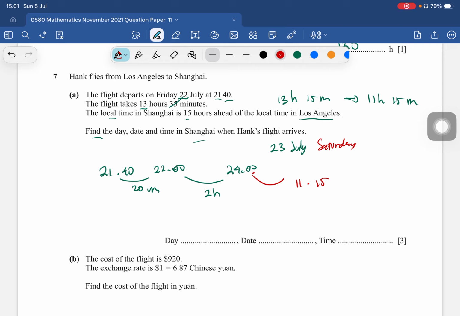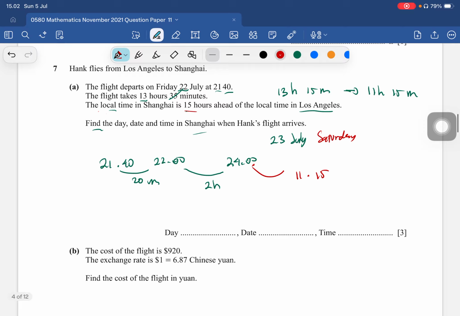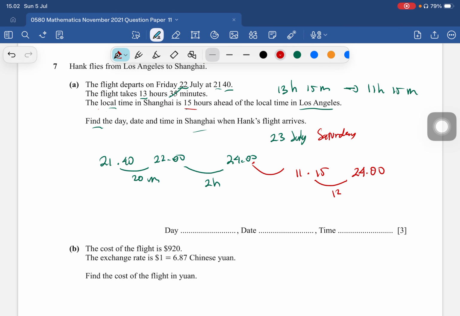The information is that the local time in Shanghai is 15 hours ahead, so we just add 15. From 11, the maximum is until 24 o'clock, so we get 24 minus 11, which is 13 hours, plus another 2 hours.